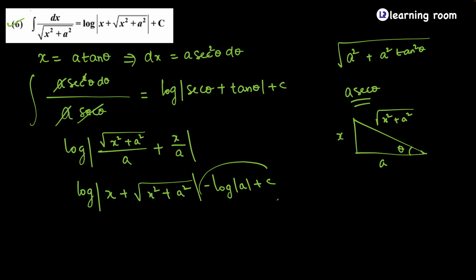So this one I can write as capital C. Am I clear, guys? Right? So the answer is going to be log of mod x plus root of x square plus a square plus c. So this is the formula. Clear?